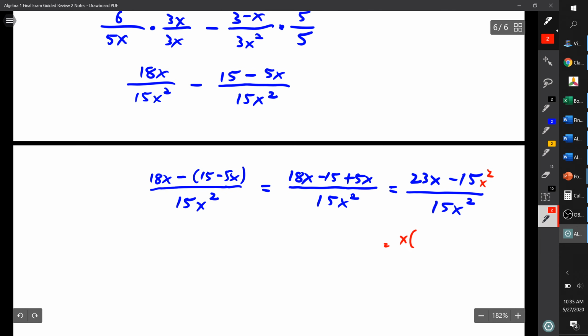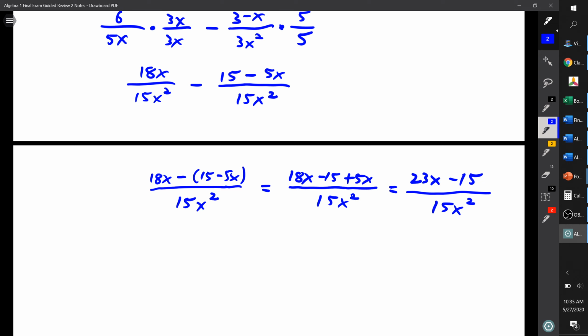You can say, well, that's the same thing as x times (23 minus 15x) over 15 x squared, in which case then that x would cancel with one of those. So you can do simplifying like that, but only if you can factor whatever you're trying to cancel out of the whole numerator or out of the whole denominator.